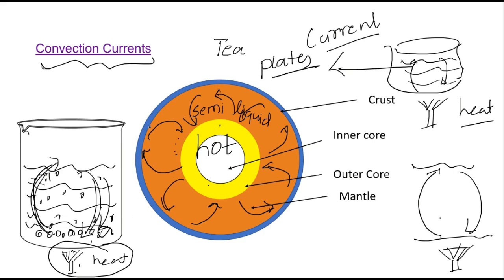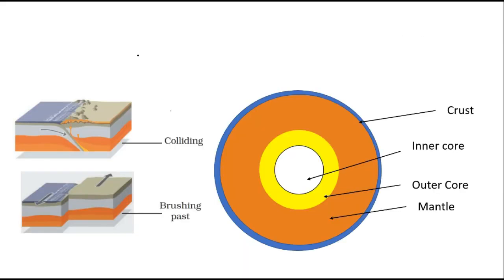Understood? So these plates are always pushed, and pushed by what? Convection current. And why convection current? Because of the heat which is there at the core. Understood? So there is always movement of these particles. So continuous movement of these particles develops more pressure on these plates and they start to slide, and sometimes they collide.